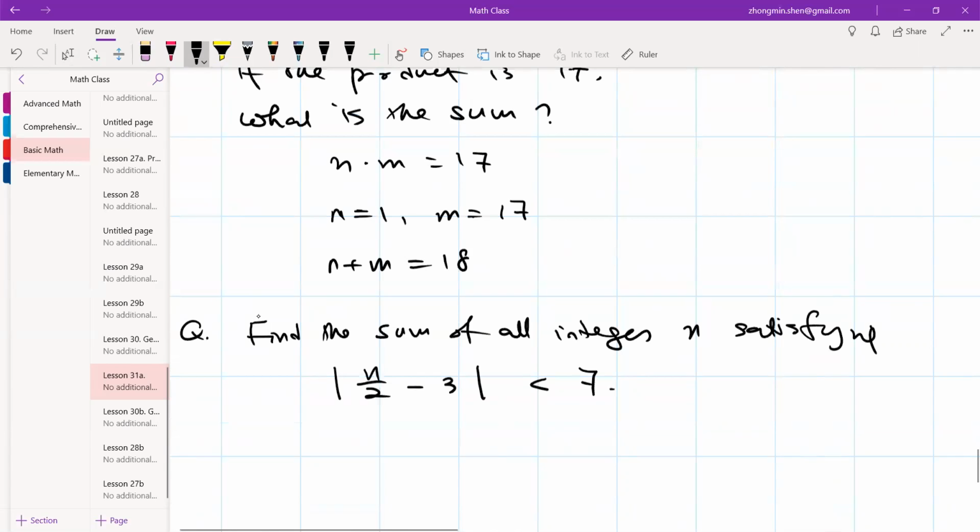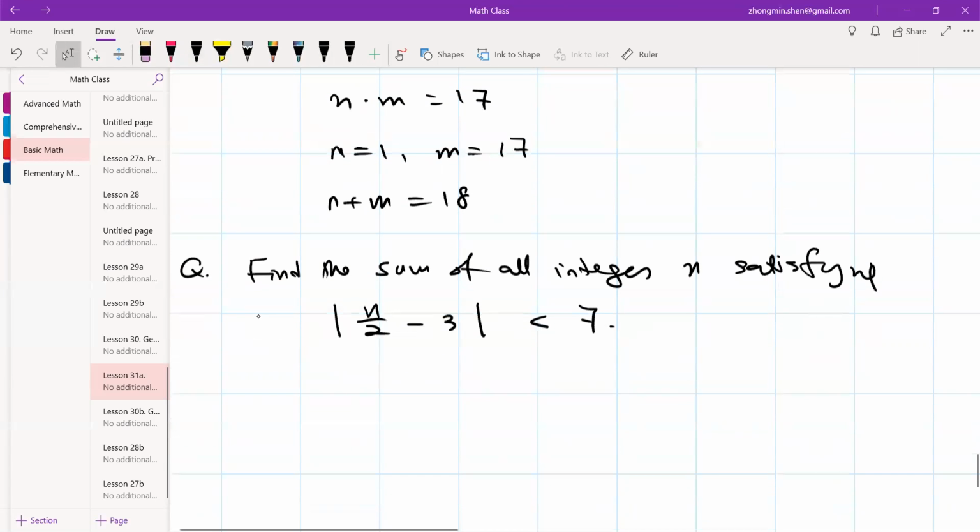All right, do you understand what absolute value means? Absolute value is always positive.